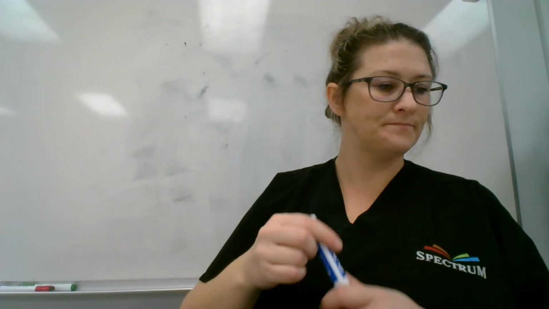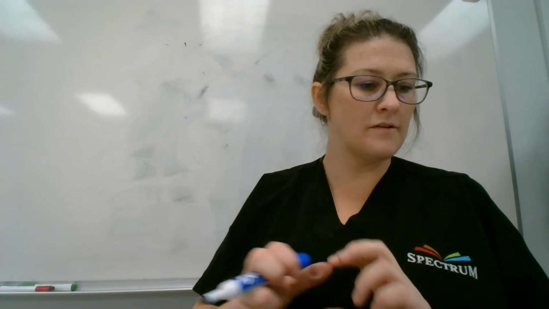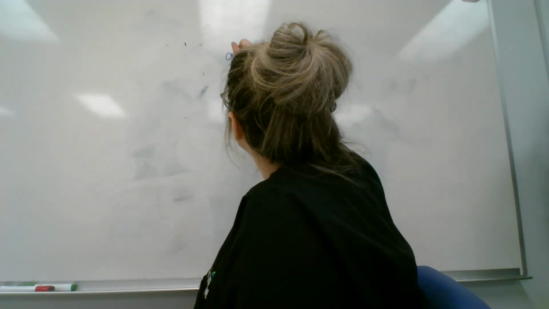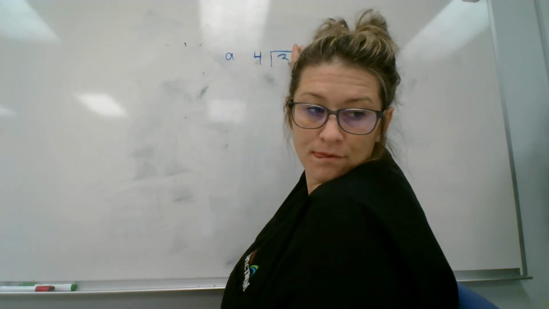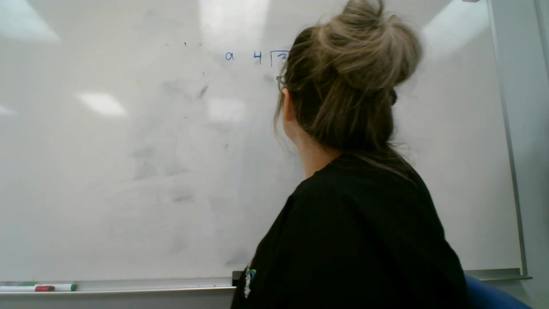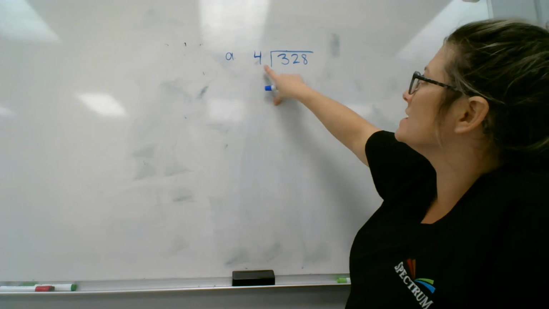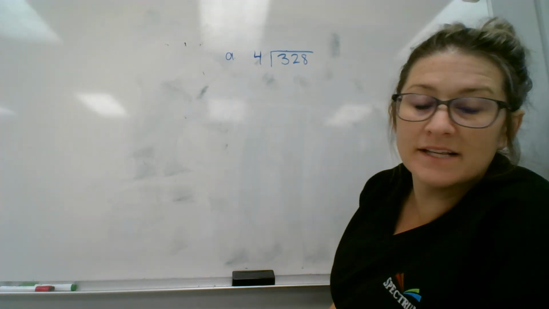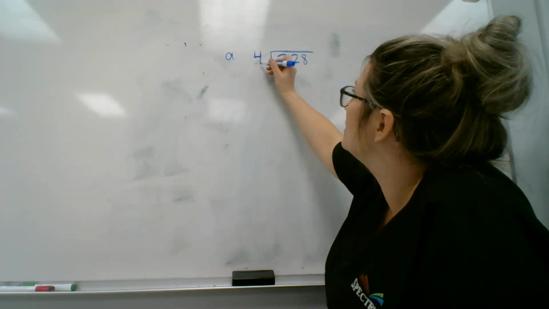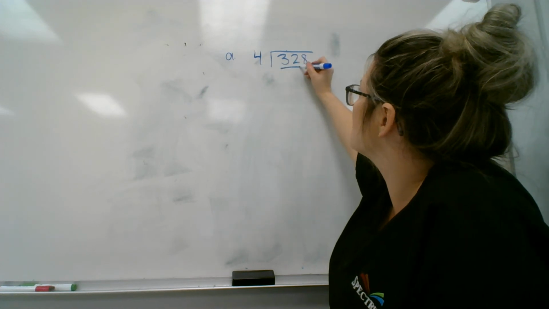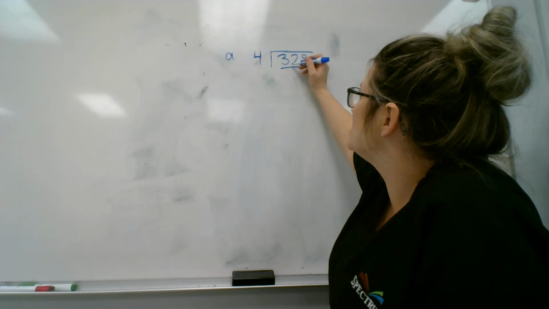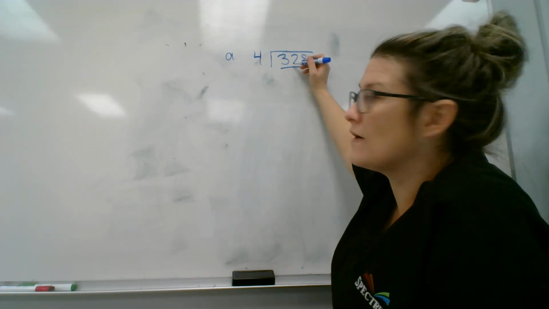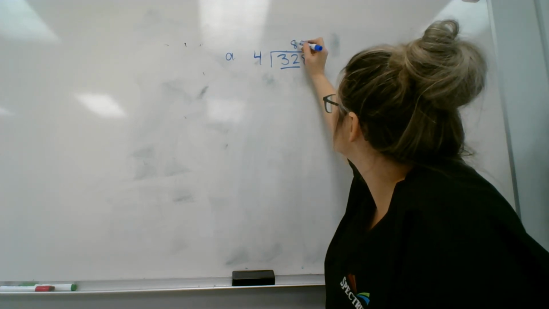All right. So our first problem. 328 divided by 4. So if this number is smaller than this number, I know that I can't solve it. So I have to try and see how many times 4 goes into the first 2 numbers then, which is 32. 4 goes into 32 how many times? 32 divided by 4 is 8.